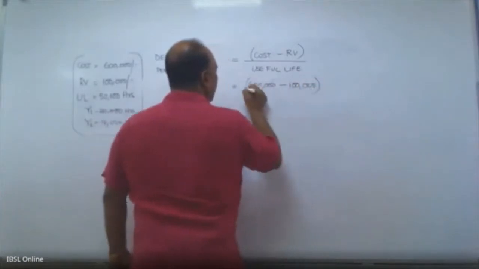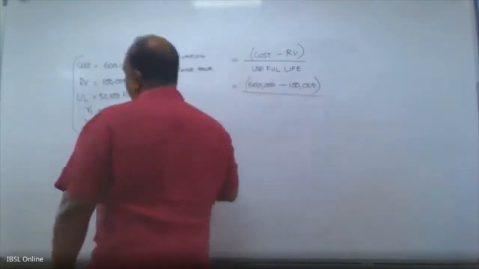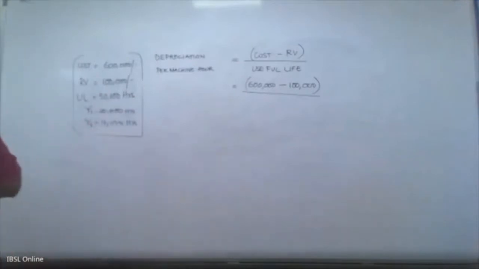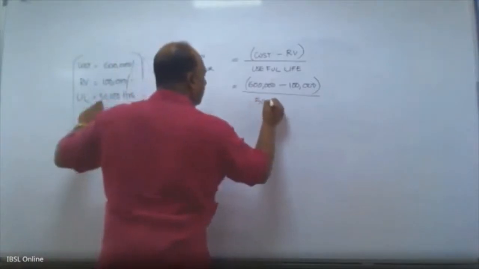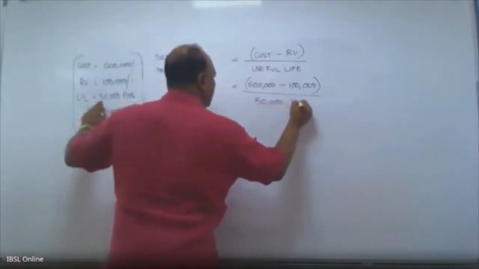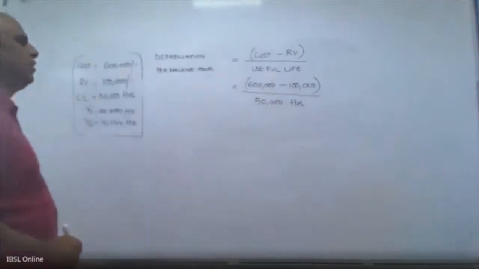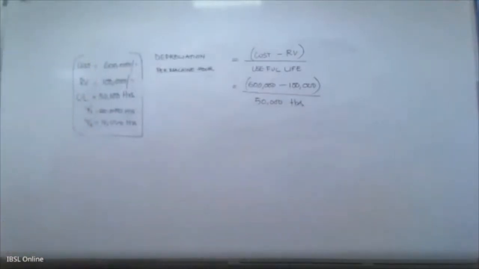And now comes the problem. The useful life is not in terms of number of years. It will be number of hours, which is 50,000 hours. Okay.